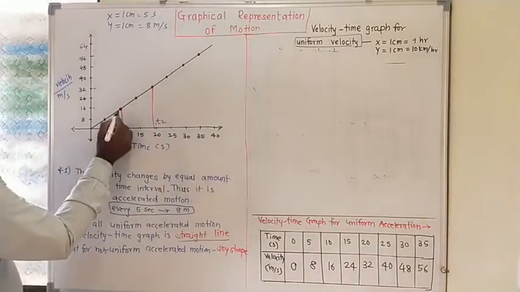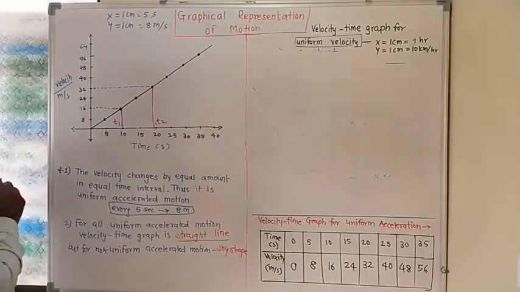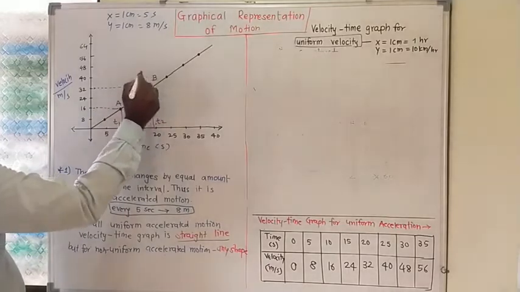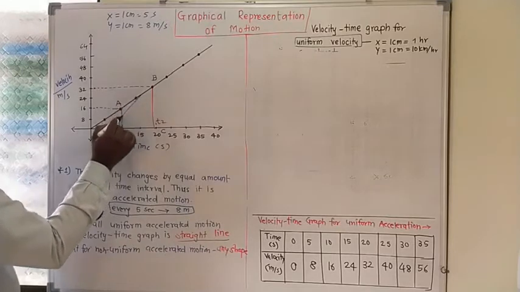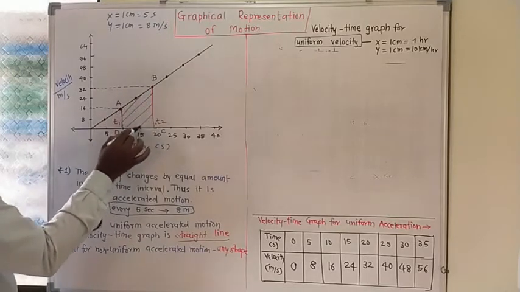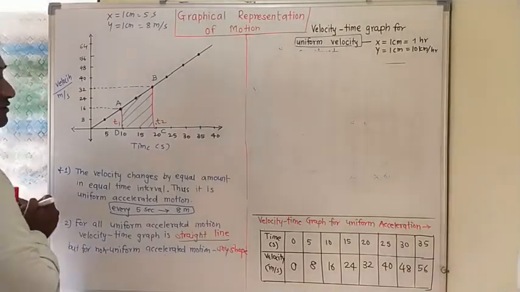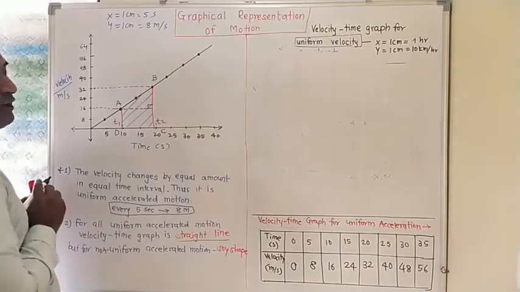So now here we have to draw these lines. Suppose this one is A, this one is B, here we have C, and here we have D. So definitely this area is equal to what? Distance traveled by the train. So again I am going to extend this line. So here we have a perpendicular or not.